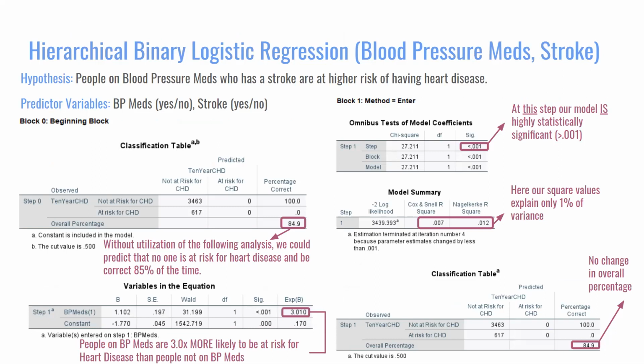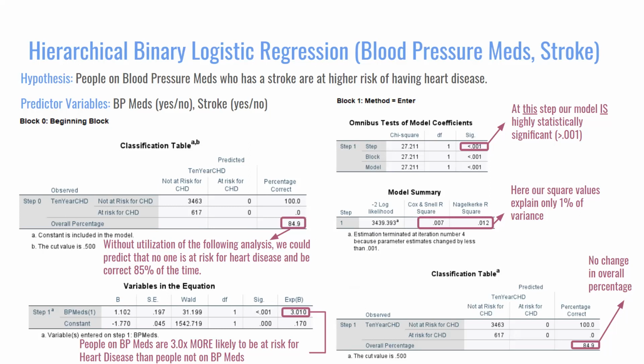Yeah. So I chose blood pressure meds and stroke. I had a hypothesis that people on blood pressure medications who have had a stroke previously are at a higher risk of having heart disease.